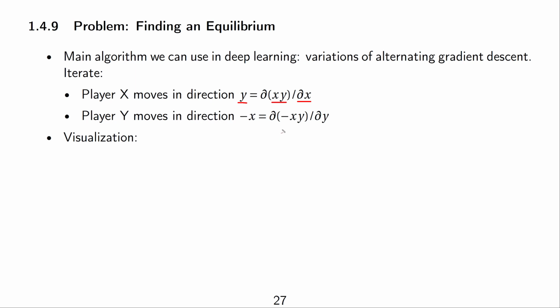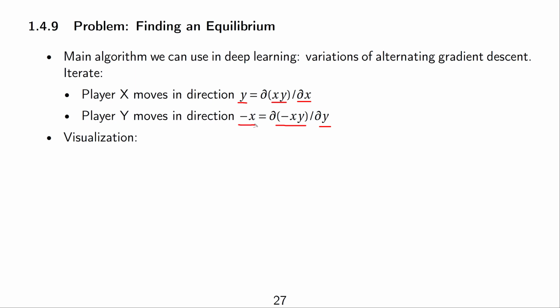Then player y would like the function to be as small as possible, so the objective of player y is minus xy, and then computing the partial derivative of minus xy with respect to the variable the player can control, y, we obtain minus x.